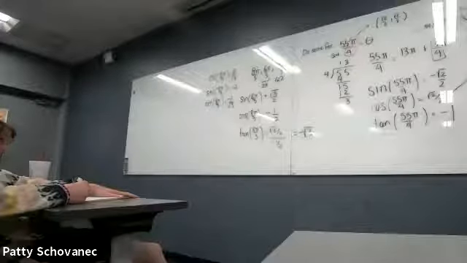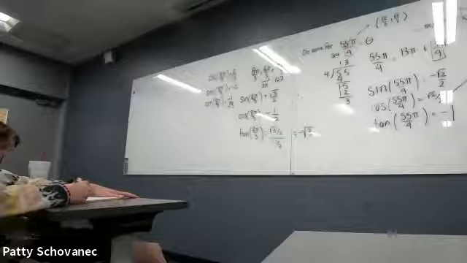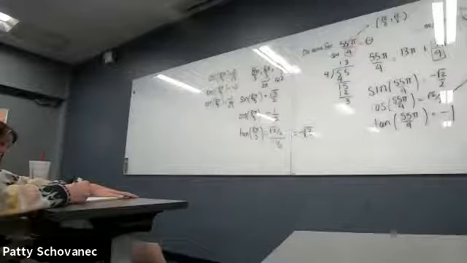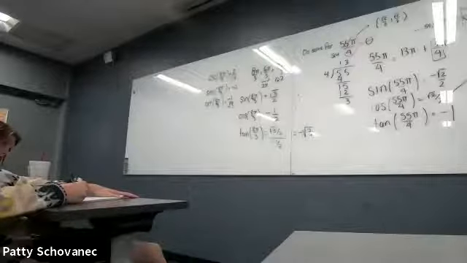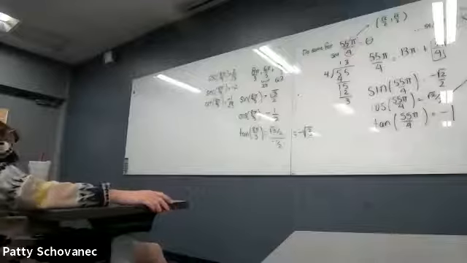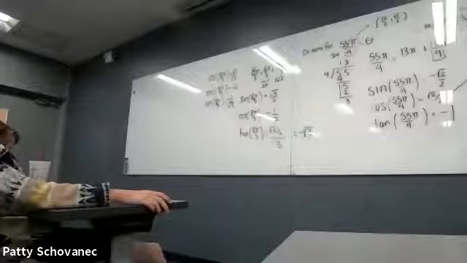So the cosecant of 55 pi over 4 should be a negative root 2, and the cotangent should be a negative 1. Agree? Okay.